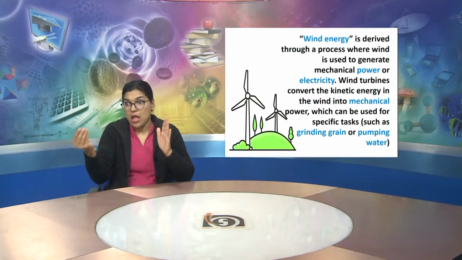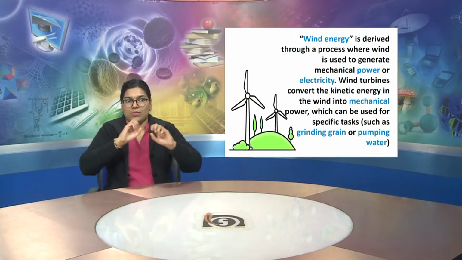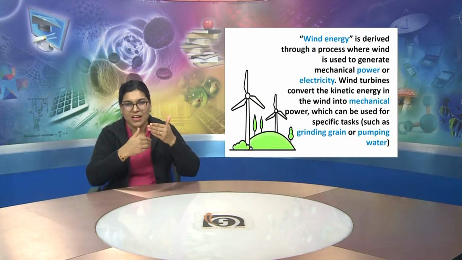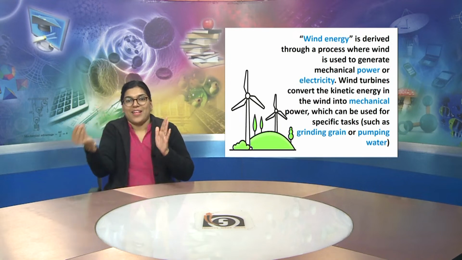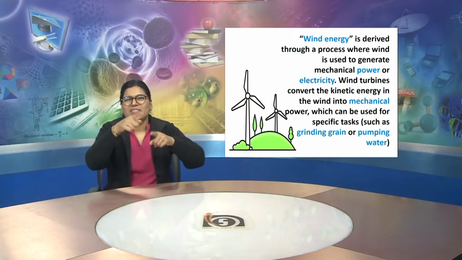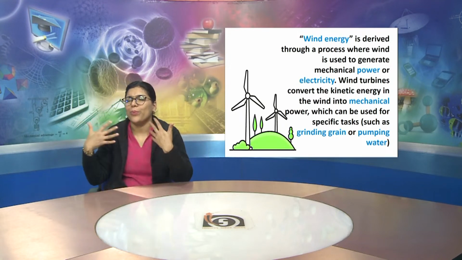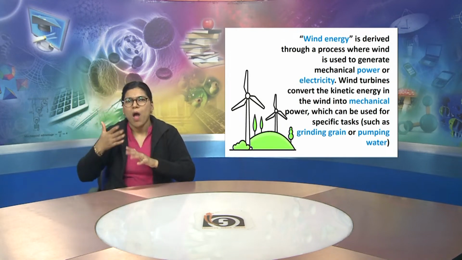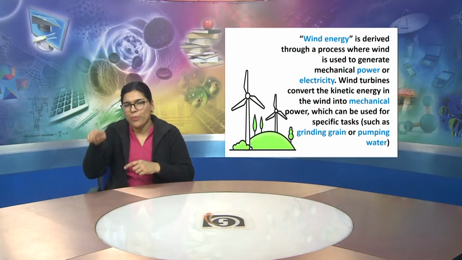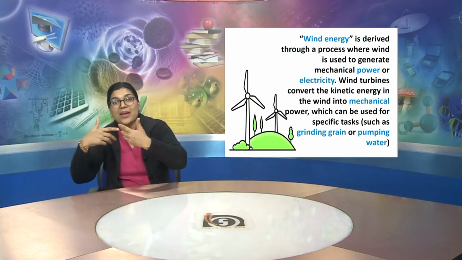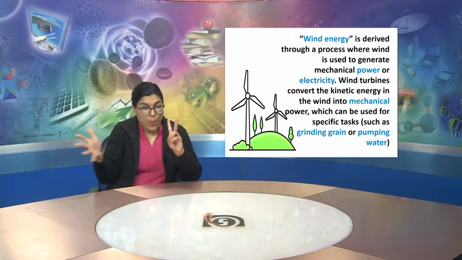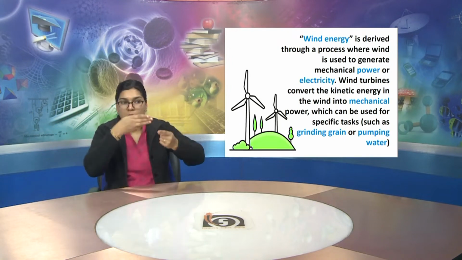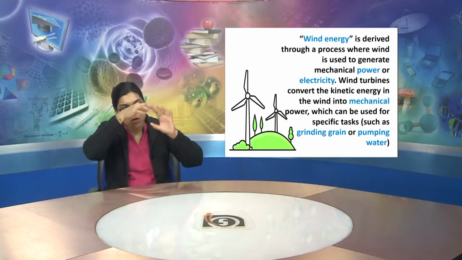Wind energy is derived through the process where wind is used to generate mechanical power or electricity. Wind turbines convert the kinetic energy in the wind into mechanical power, which can be used for specific tasks such as grinding grain or pumping water.